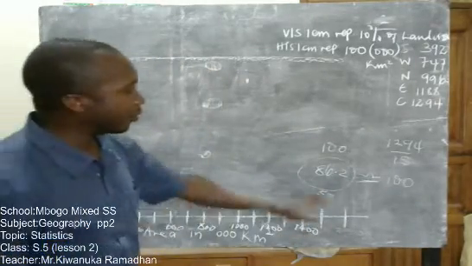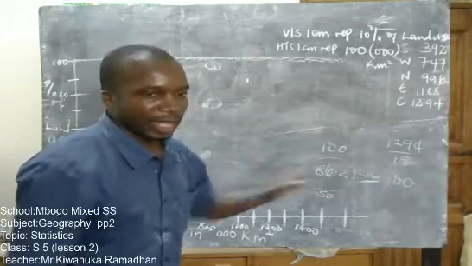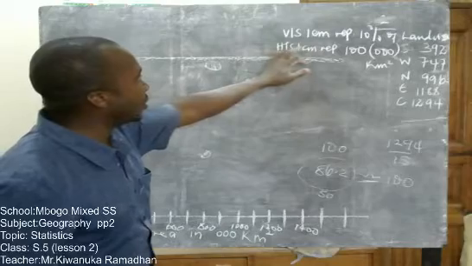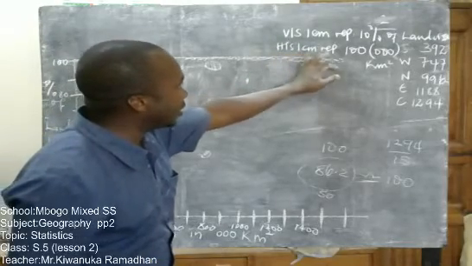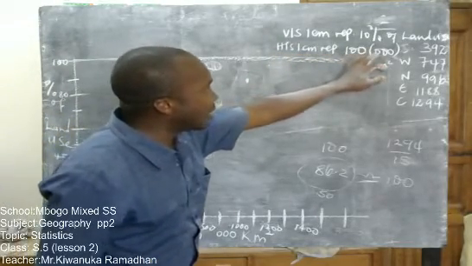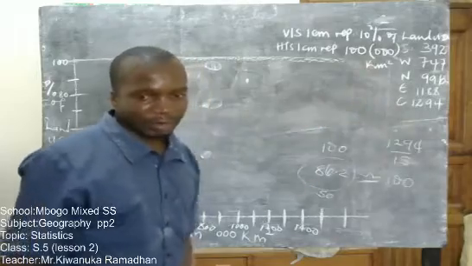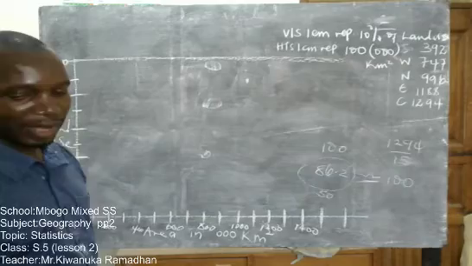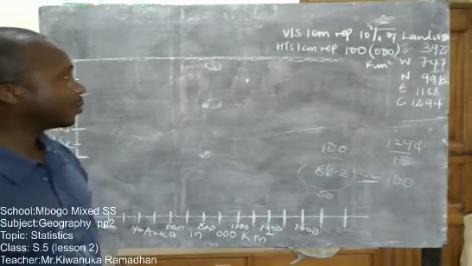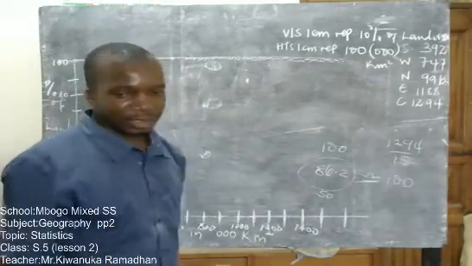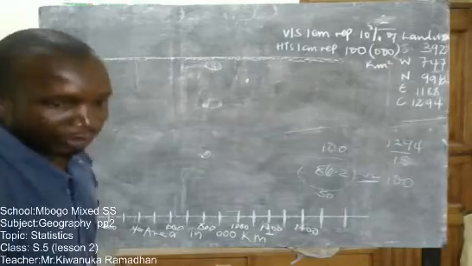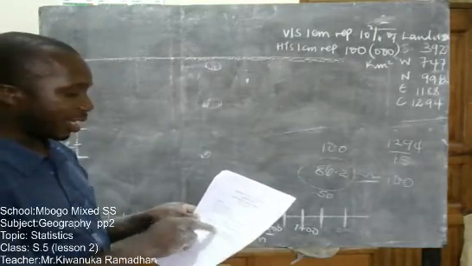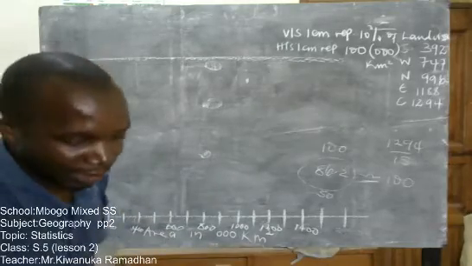But me, I've gone in for 100, and I have stated my scale that horizontal scale 1 centimeter represents 100,000 square kilometers. Why 100,000 square kilometers? Because my table was in thousands. You refer to the question that I gave you in the introduction earlier, in thousands.